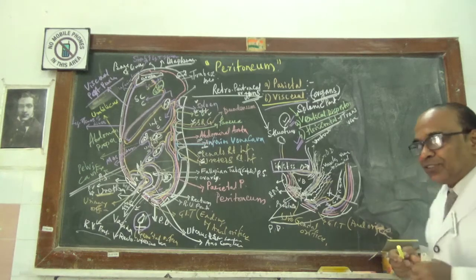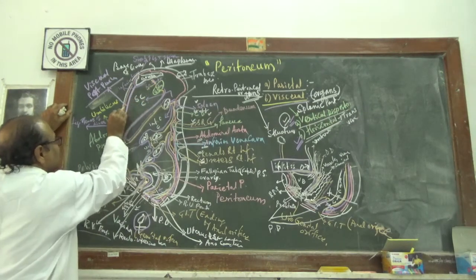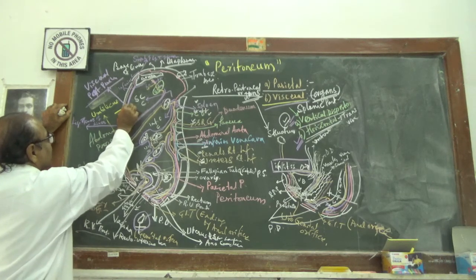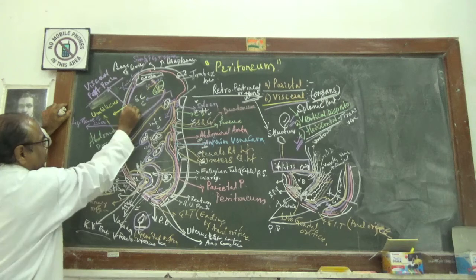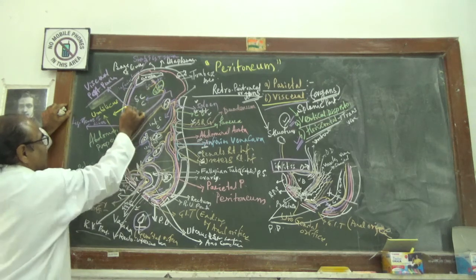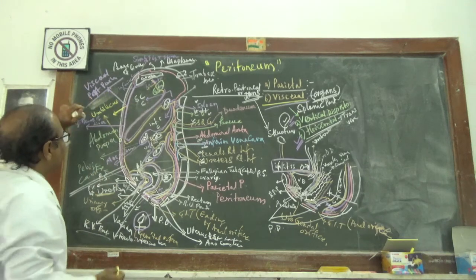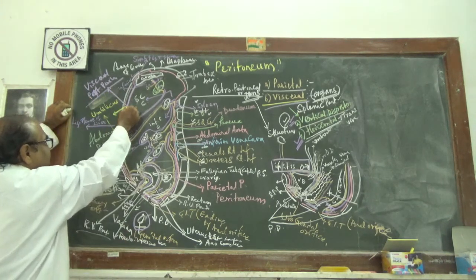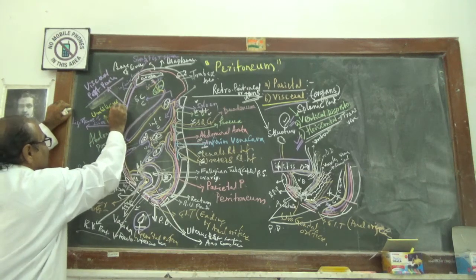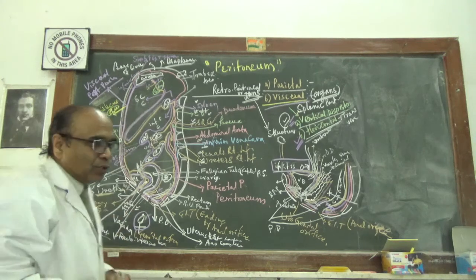It is a potential space between the parietal part of the peritoneum as well as the visceral part of the peritoneum. So this is the visceral. I mean to say here red and purple. So this is called the peritoneal cavity, PC.